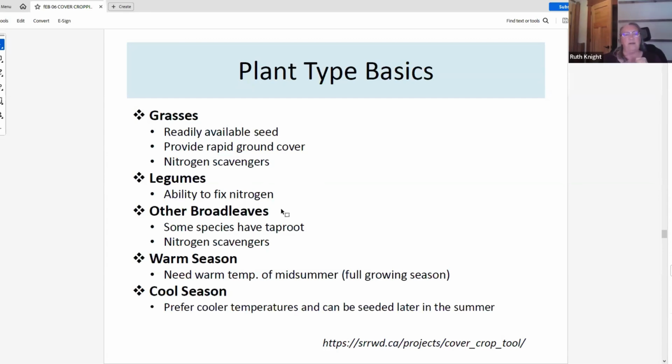And then other broadleaves are in here because oftentimes those species have deep tap roots, like many of the brassica species or chicory, and they would also be nitrogen scavengers, but many of them also bloom within the period of time that you're growing them, and they provide food or habitat for pollinator or beneficial insects. And so then these species are broken down into warm season and cool season.